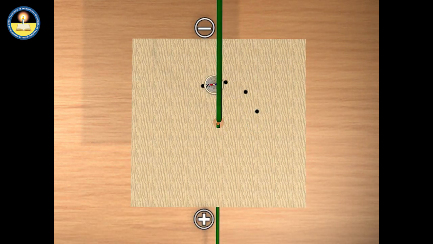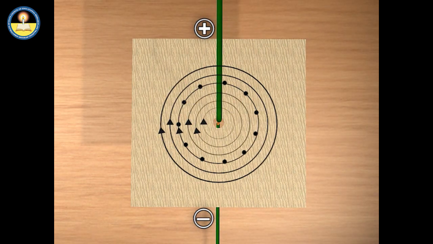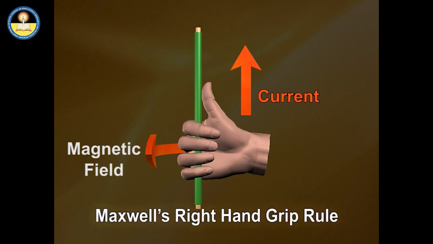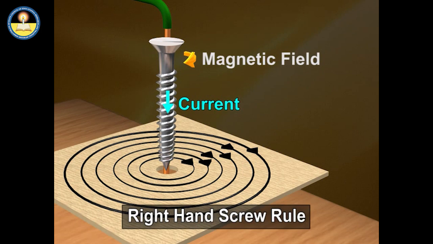In case of a straight current-carrying conducting wire, the directions of the magnetic field lines are in the form of concentric circles with the conductor as center lying in a plane perpendicular to the straight conductor. The direction of magnetic field can be obtained by Maxwell's right-hand grip rule or right-hand screw rule.